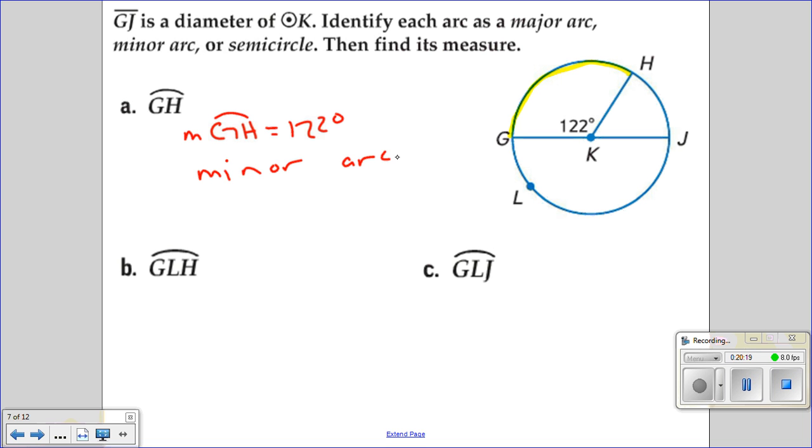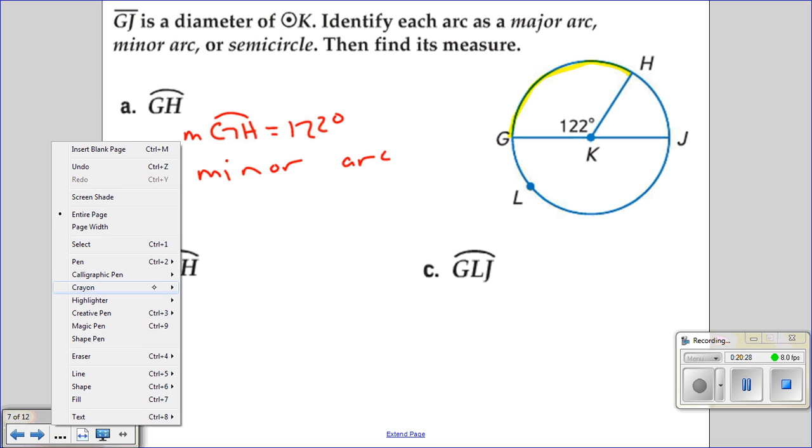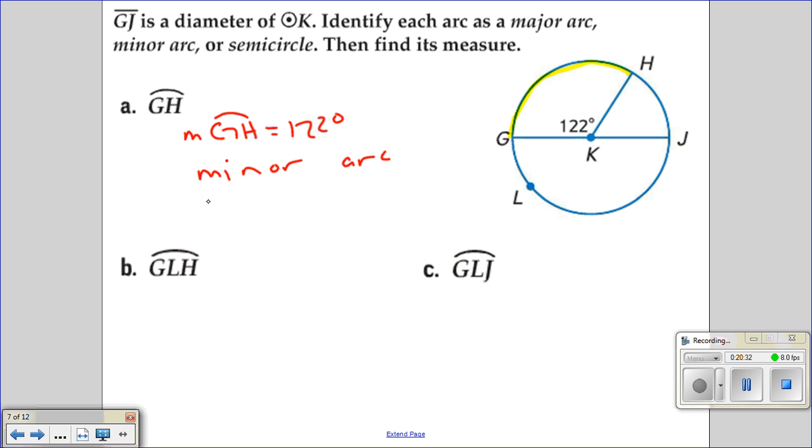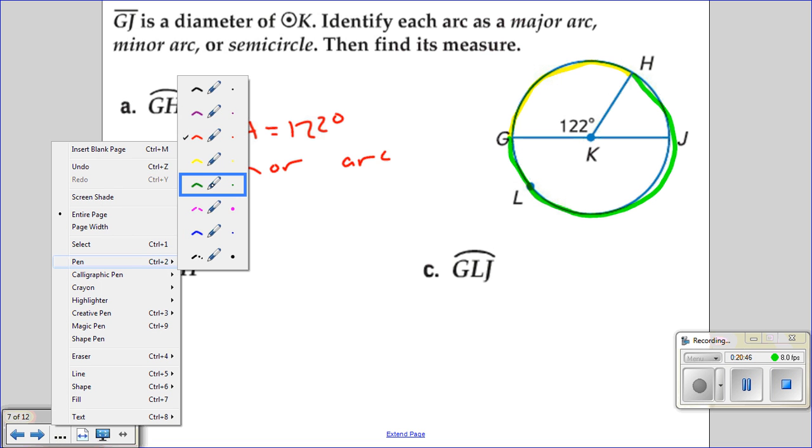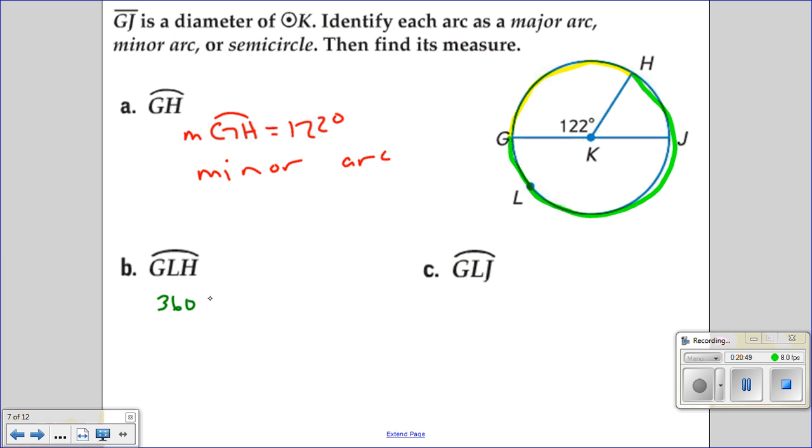I don't know why there's a delay on my computer right now. All right, arc GLH. So start at G, go to L, and all the way around to H. To find this one, I would take 360 degrees minus the minor arc, which is GH, to find this measurement.